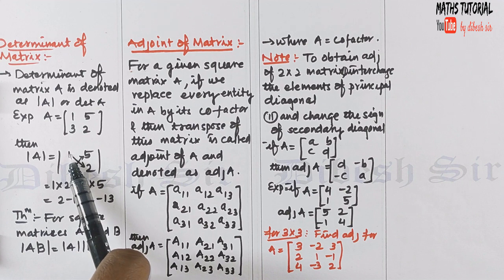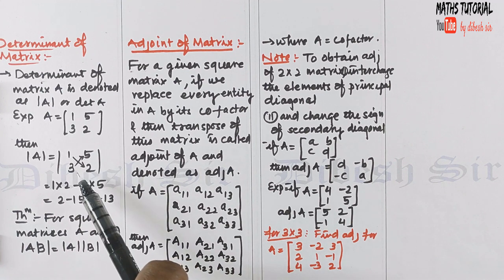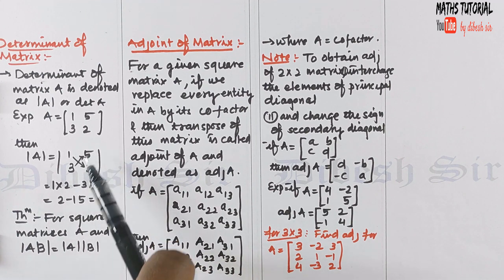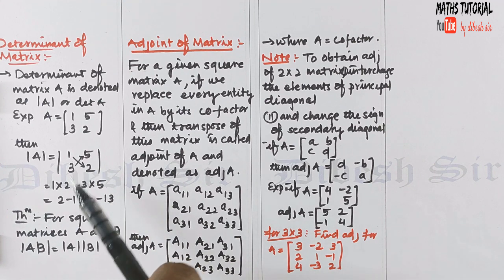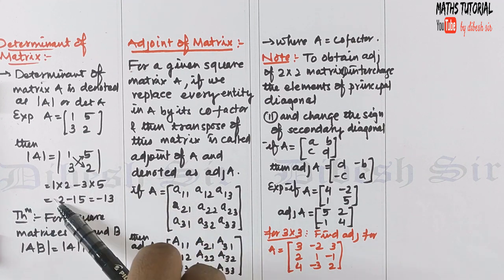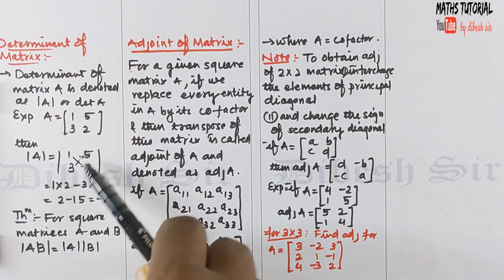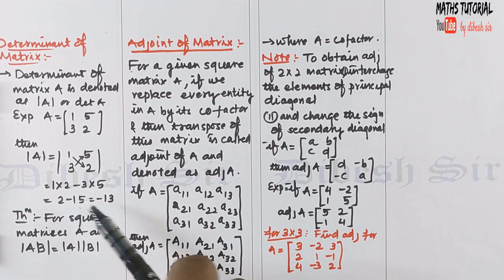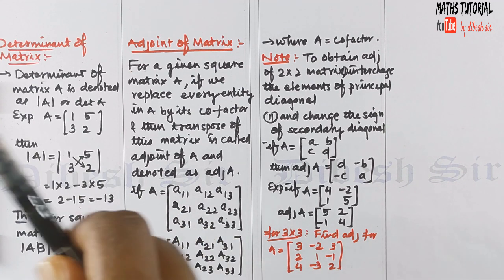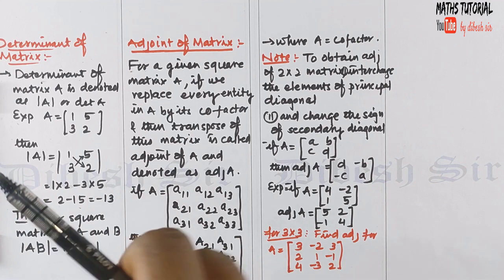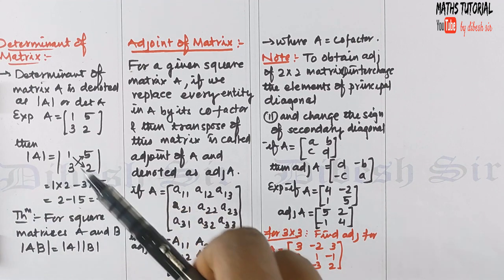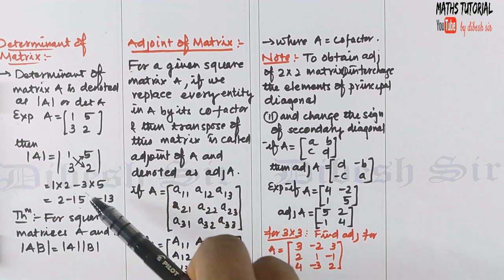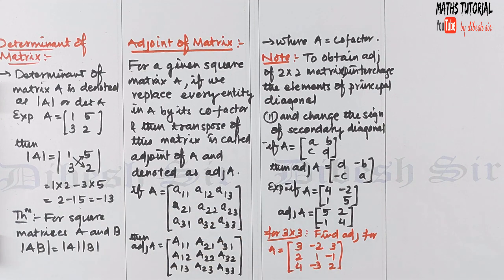Here we have to multiply the principal diagonal, then subtract the secondary diagonal. That is 1 into 2, 2, minus 3 into 5, 15. So 2 minus 15 is minus 13. We know that mod A is always positive, but determinant can be positive or negative.